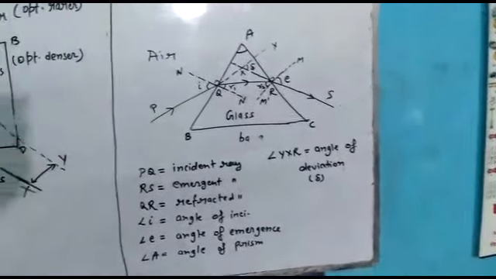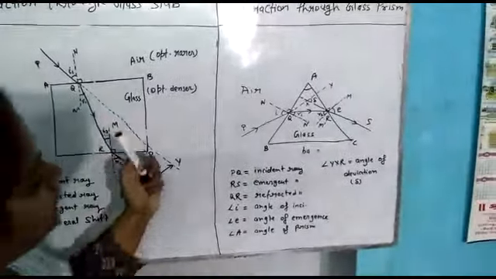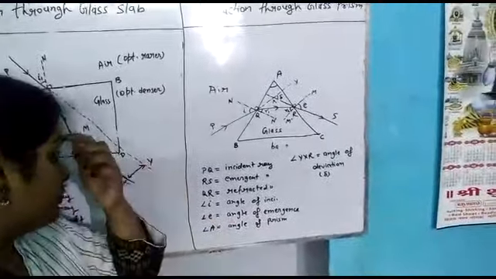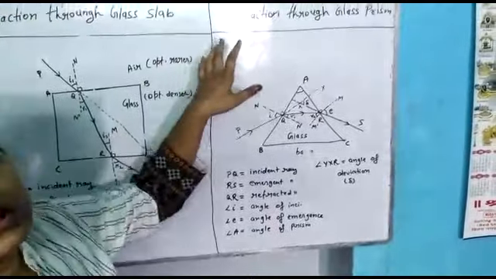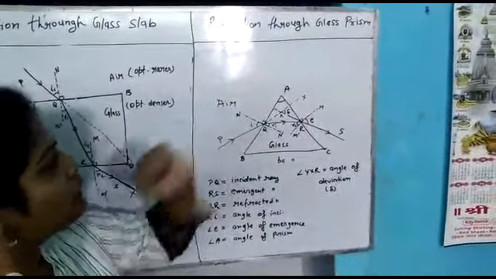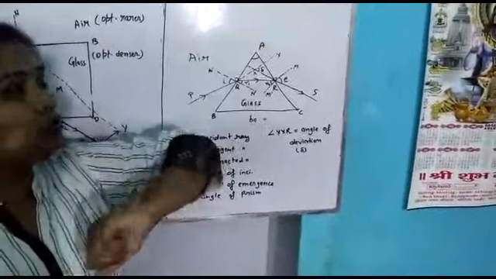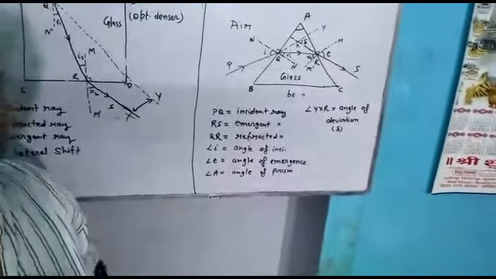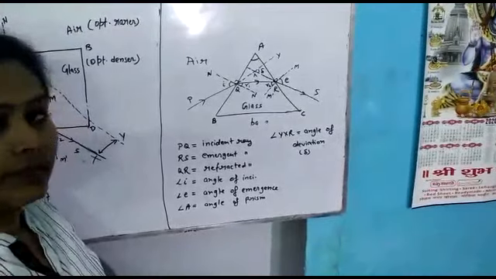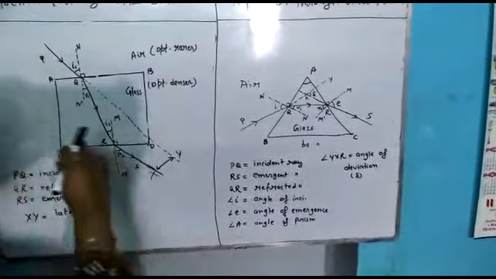Now, you can compare the refraction through a glass slab and the refraction through a glass prism. I have a question for you. Just write what is the difference between the refraction through a glass slab and the refraction through a glass prism. In your homework, just note it down.